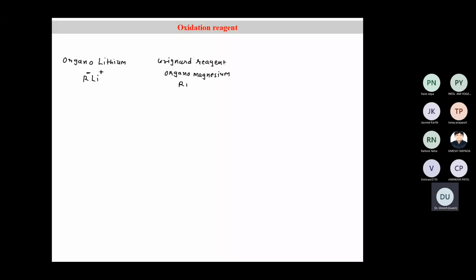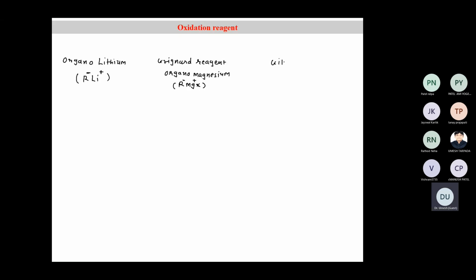It is RMgX. Again here it's R minus and MgX plus. The metallic part is plus. All these are nucleophile suppliers, alkyl nucleophile suppliers.